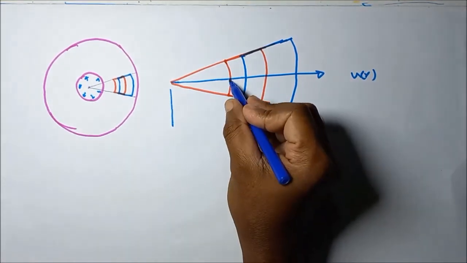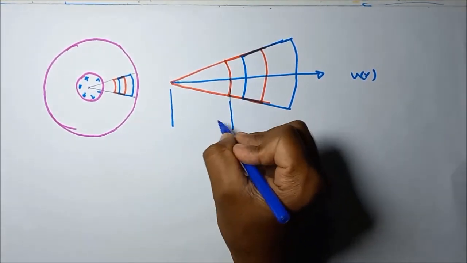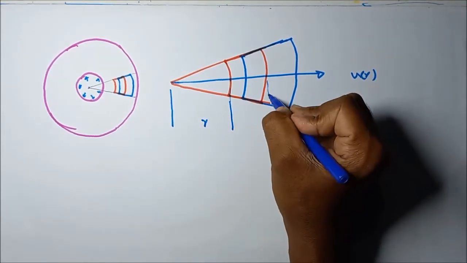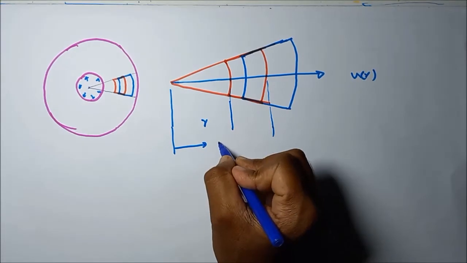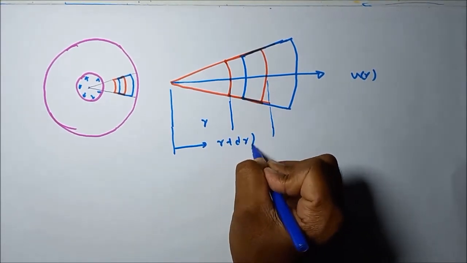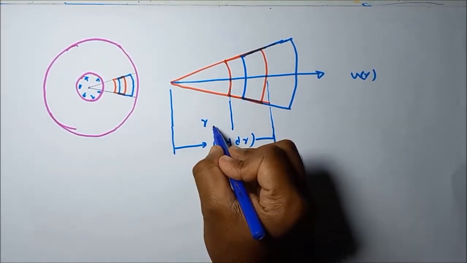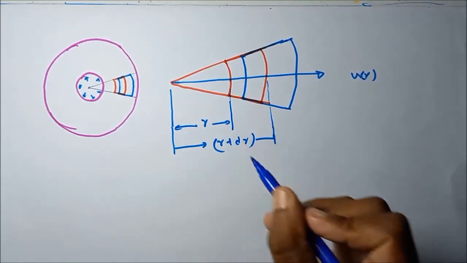From the radial position to this position, the distance is equal to r plus dr.